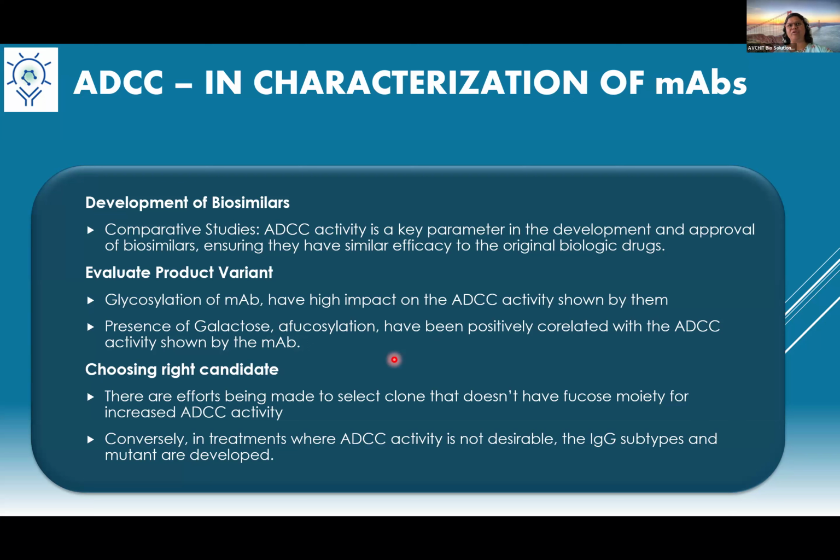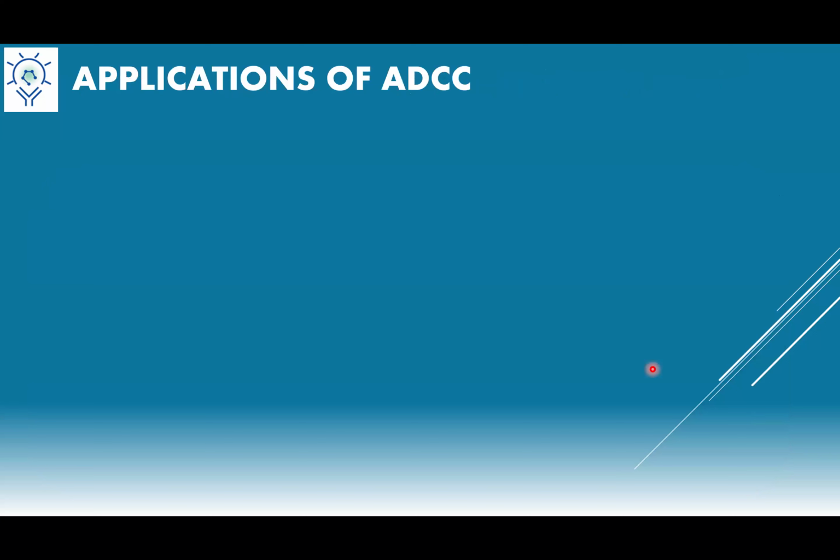Afucosylation is nothing but removal of fucose moiety, brings about increase in the ADCC activity. Shalaka, is your query resolved? Yeah, Aditi, I think we can proceed. Maybe if she has anything, she can put it in the chat box. Yeah, sure. Let me know, Edna.